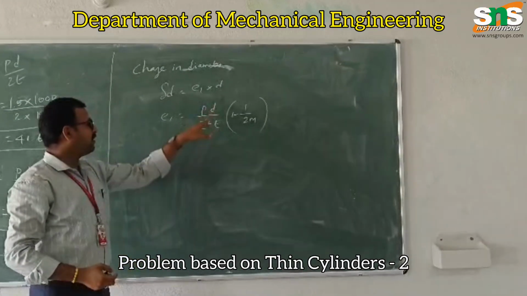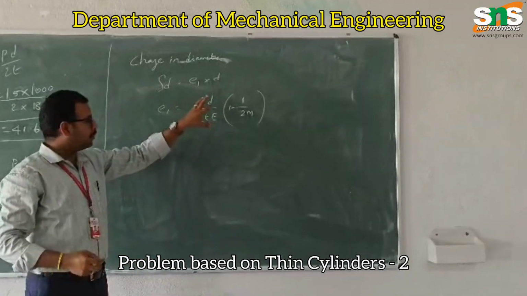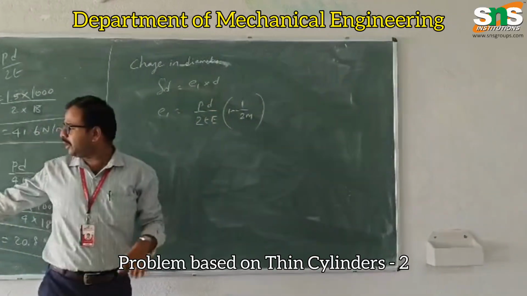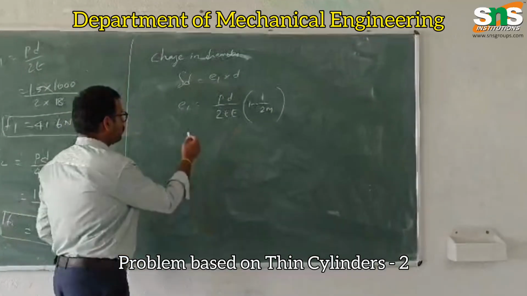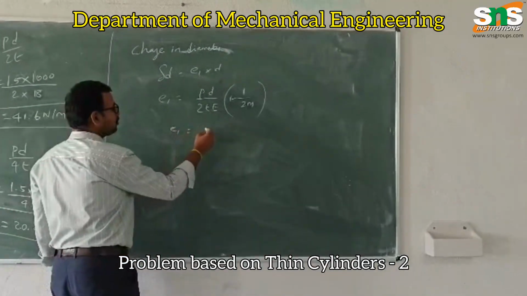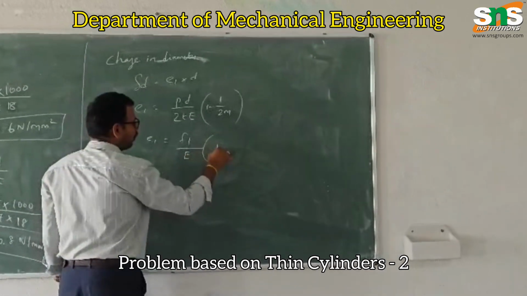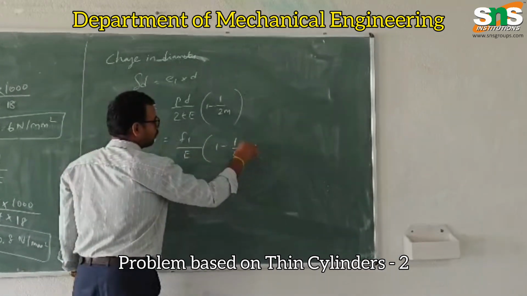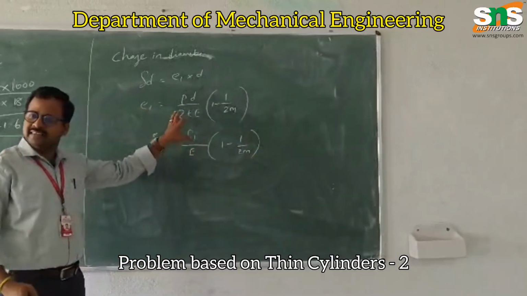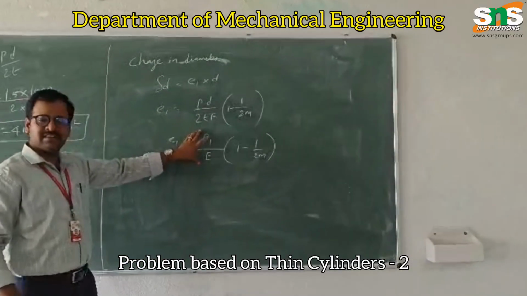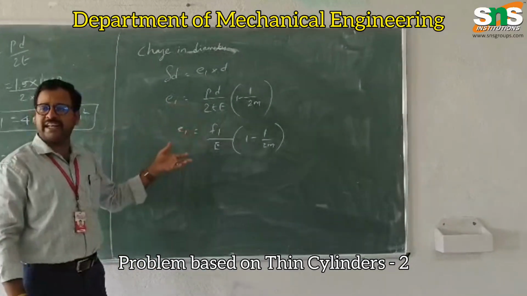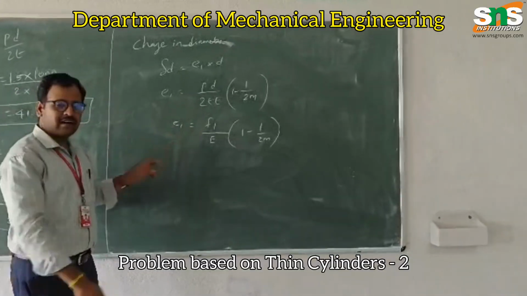So PD divided by 2T, we can use the hoop stress. So then e1 becomes f1 divided by E into (1 minus 1 by 2m). We can write it like this. Based on this equation, we can apply the values and get the change in diameter.